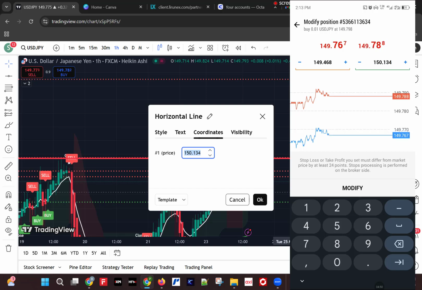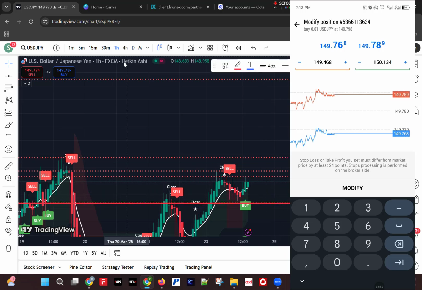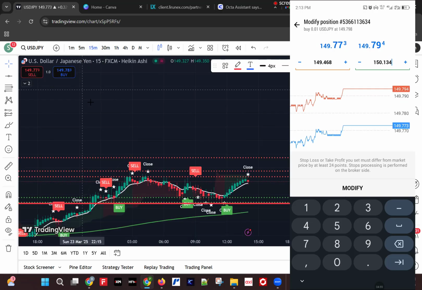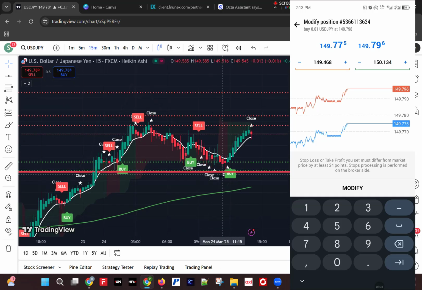150.134. Okay, so right here is what we are using for SL. But if we want to use a tighter SL, you want to break down your chart to the 15 minute time frame. When you do that, what you want to be looking for is a swing low that is lower than this. Right now we're not getting it.